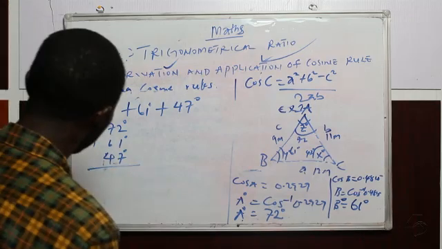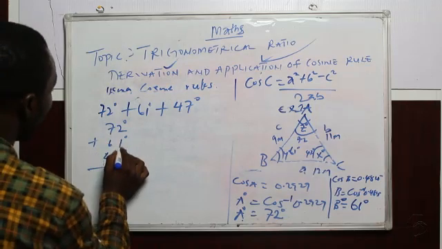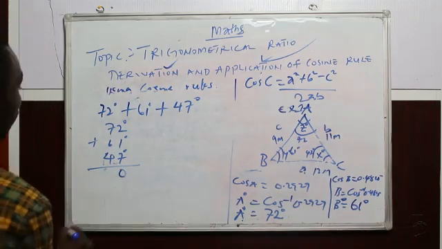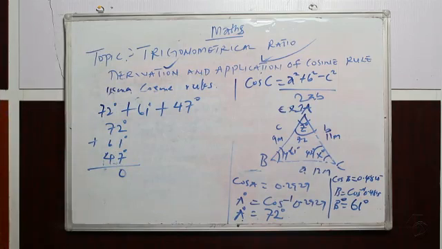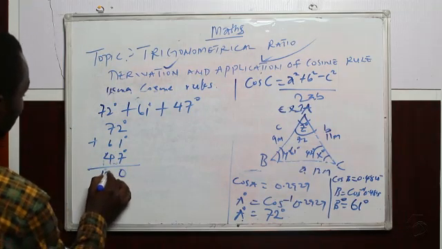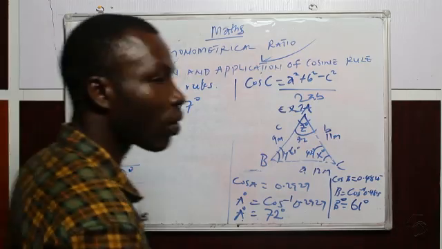Here we have 2 plus 1, 3 plus 7, that's 10. 7 plus 6, 13 plus 4, that's 17 plus 1, 180 degrees. So the answer is correct.